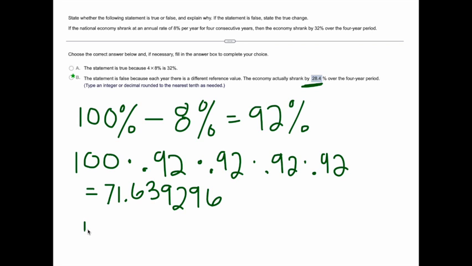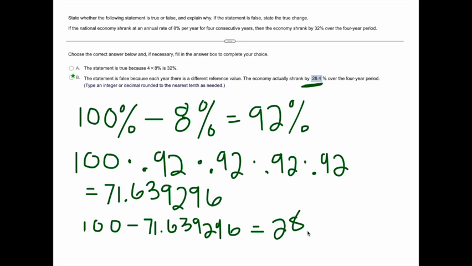So if I look to see what that difference is, if I take 100, which is what I started with, minus 71.639296, what I'm going to get is 28.360704.